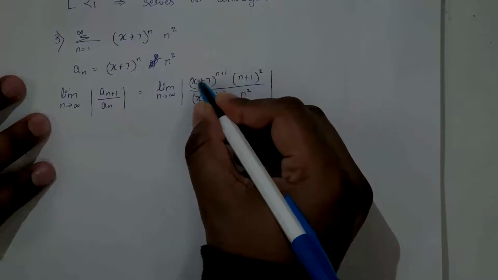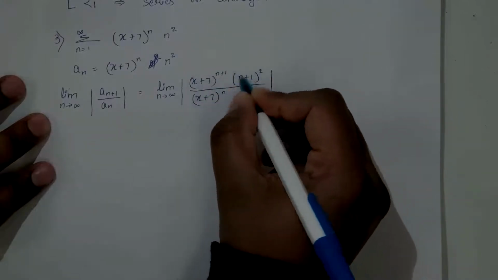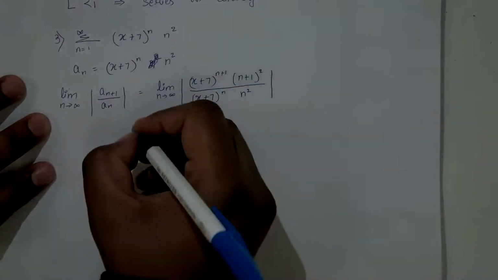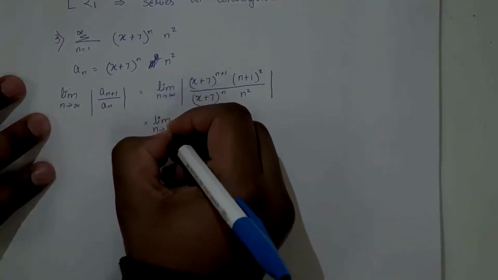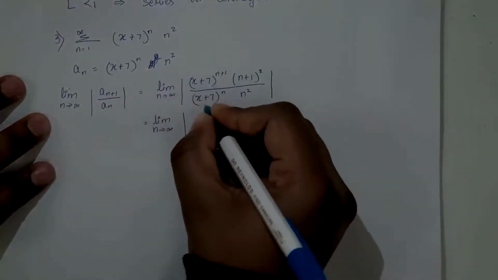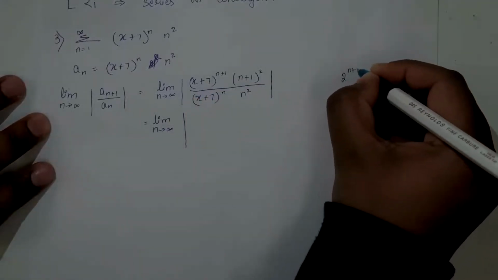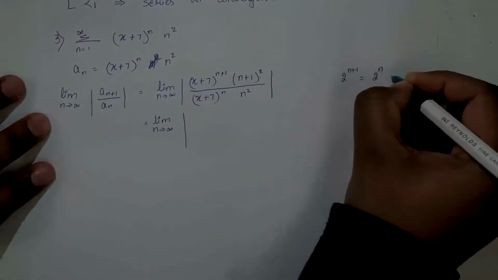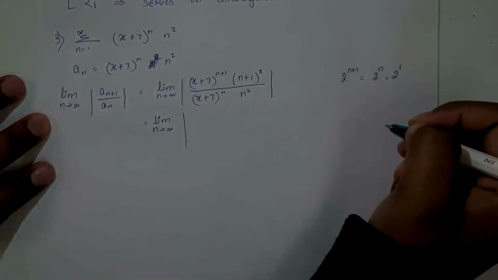Let us first simplify the x term and then we will go to the n term, one by one. So limit n tending to infinity is 7. For example, if you have 2 to the power of n plus 1, we can write it as 2 to the power of n and 2 to the power of 1, right?